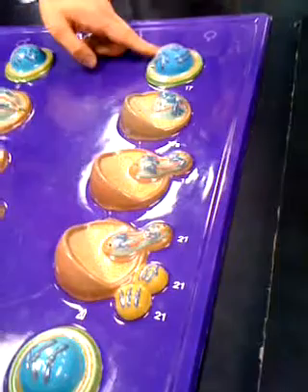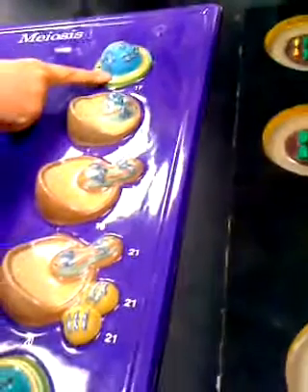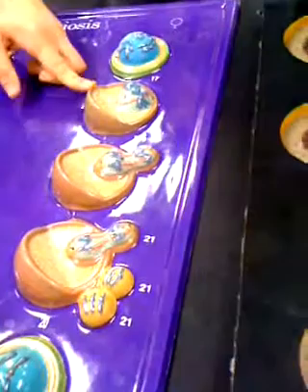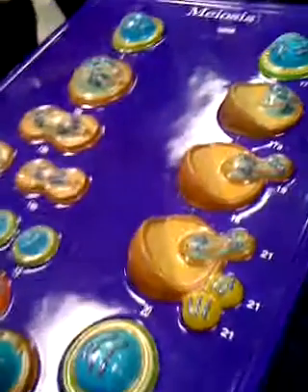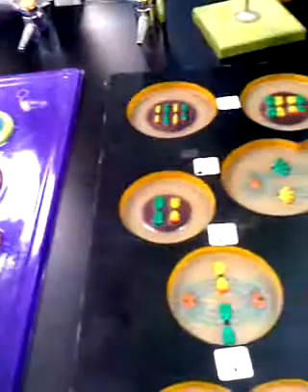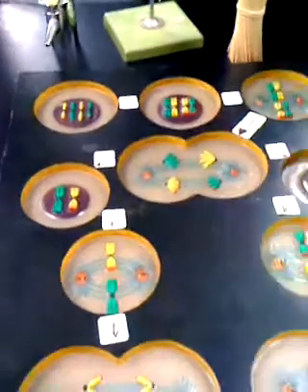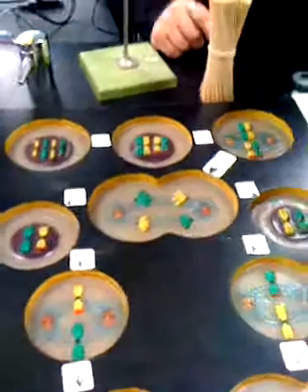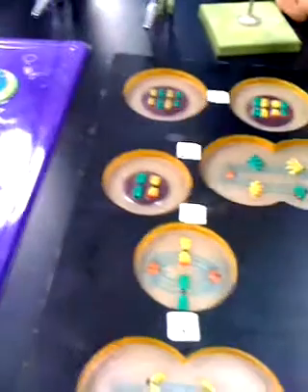There is no metaphase 1 here. No, there is no metaphase 2.